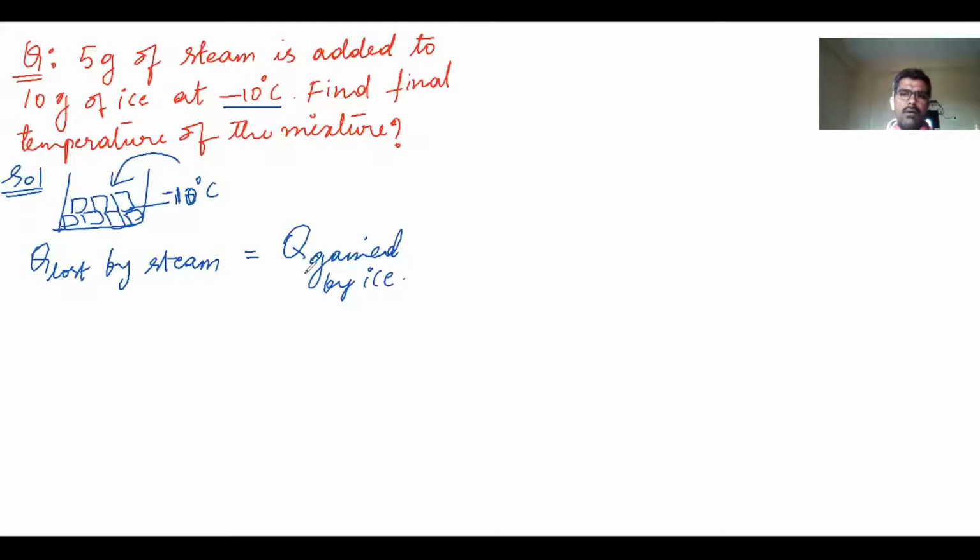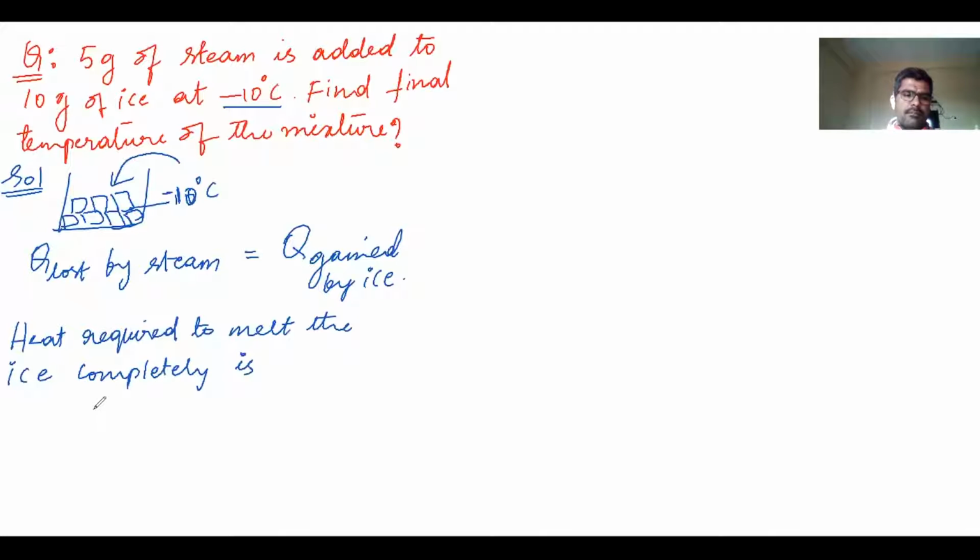Let us find how much heat is required to melt the ice completely. Heat required to melt the ice completely is Q equal to, ice is at minus 10 degrees Celsius. From minus 10 degrees Celsius, it should be brought to 0 degrees Celsius.